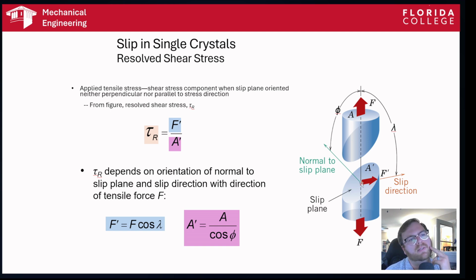And it's actually normal to the slip plane. So this arrow is pointing straight out of that circle. If you put the tail of that arrow in the dead center, perpendicular to that plane, pointing straight out, it is the angle from that vector normal to the slip plane to the axis.